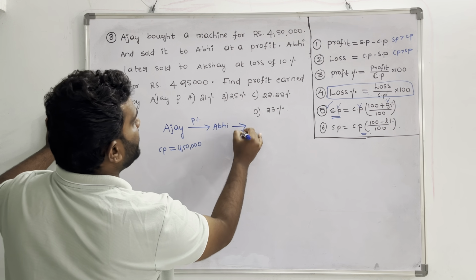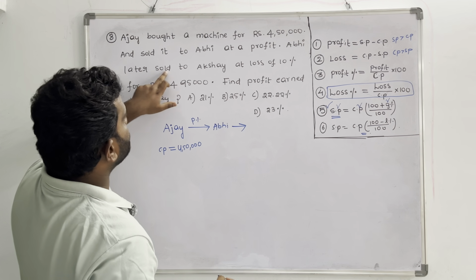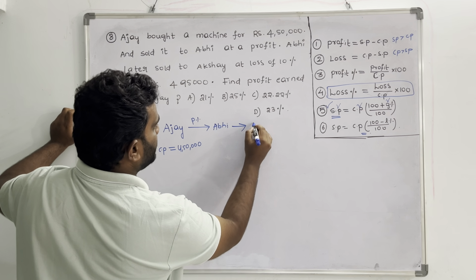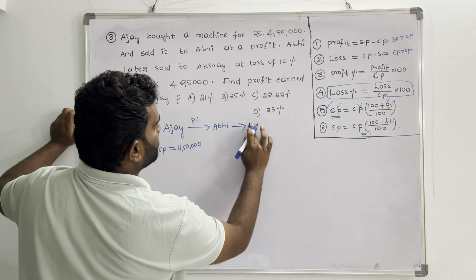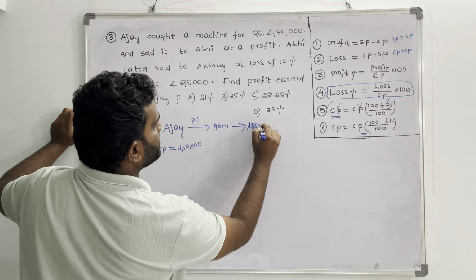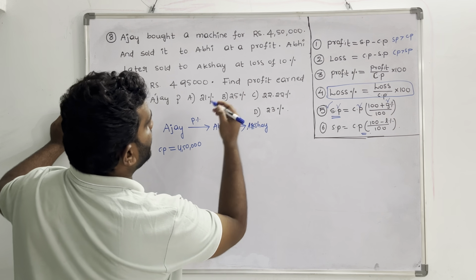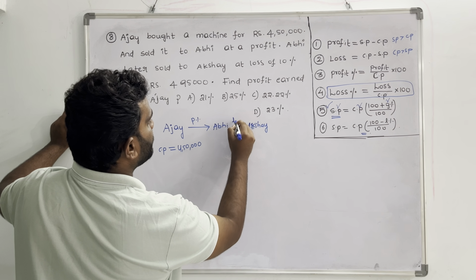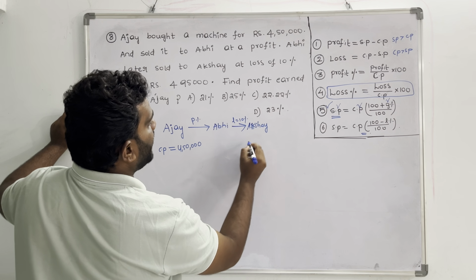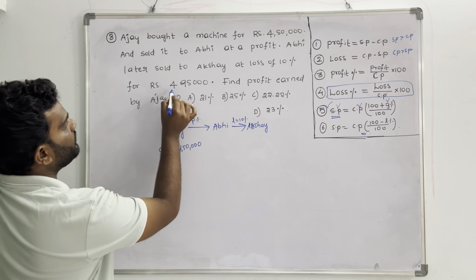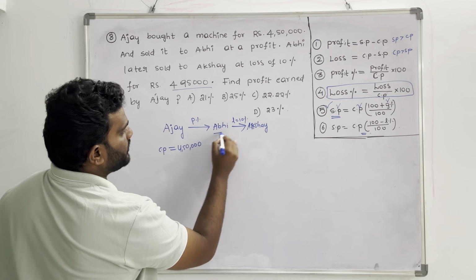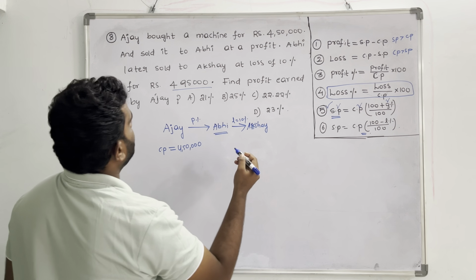Then what did Abhi do? Abhi later sold to Akshay at a loss of 10%. And at what rupees did he sell? 4,95,000. So that is Abhi's selling price.